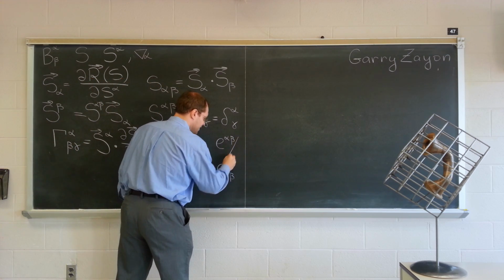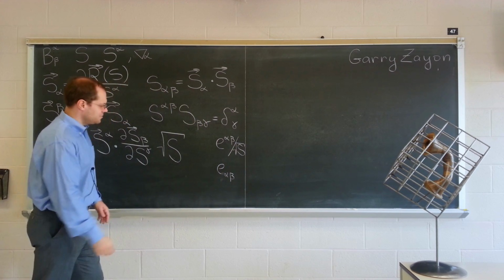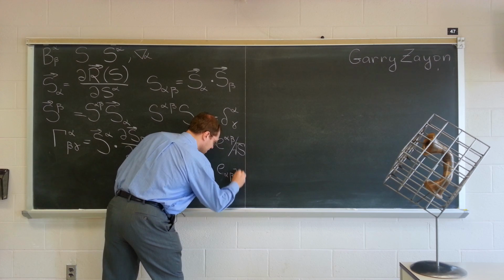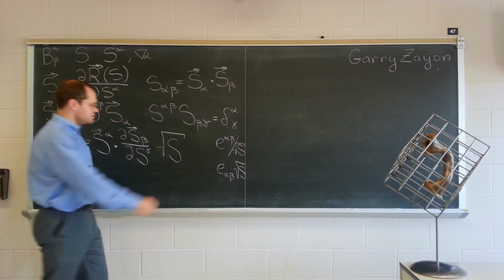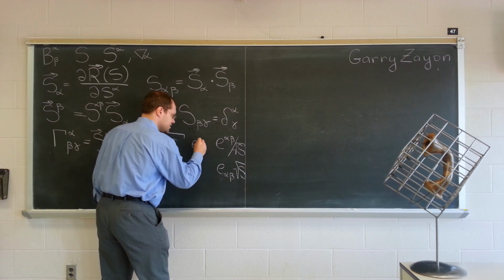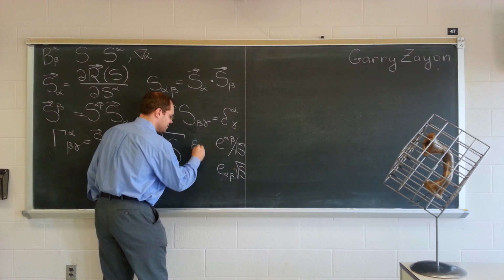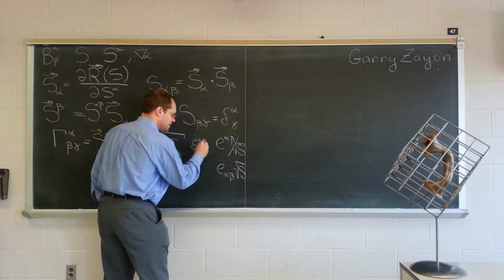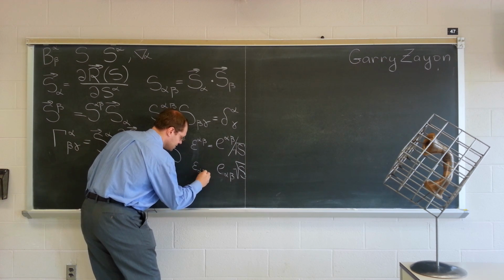When this one is divided by the area element, and this one is multiplied by the area element, we end up with tensors called the Levi-Civita symbols, or maybe the Levi-Civita tensors, denoted by the letter epsilon, epsilon alpha beta, and epsilon alpha beta.